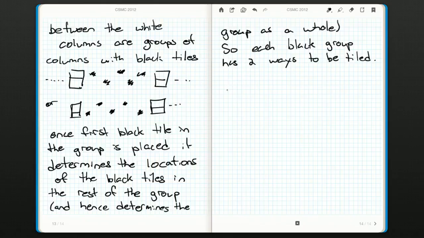So, spacing the white tiles out the way we did, the way we listed the different ways, it was based on how many black groups we're going to have.